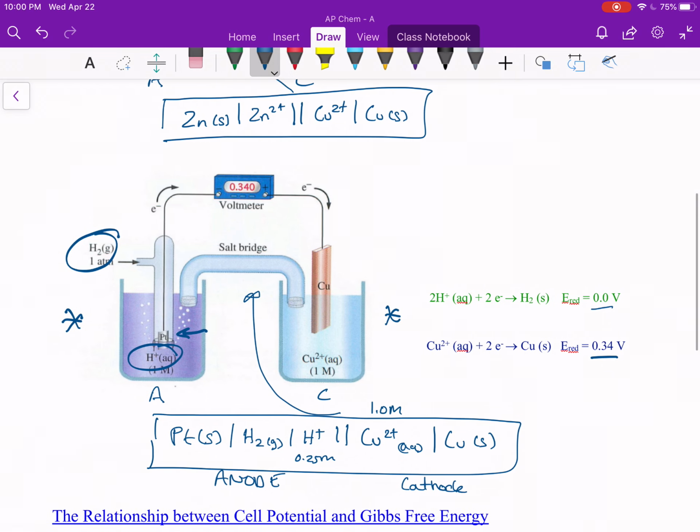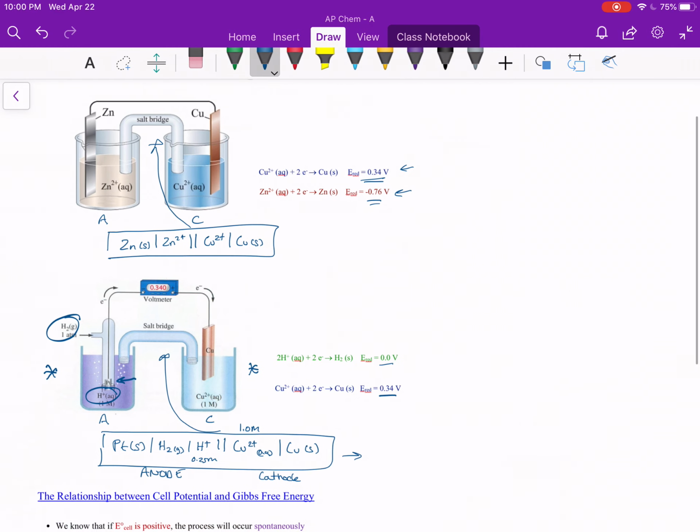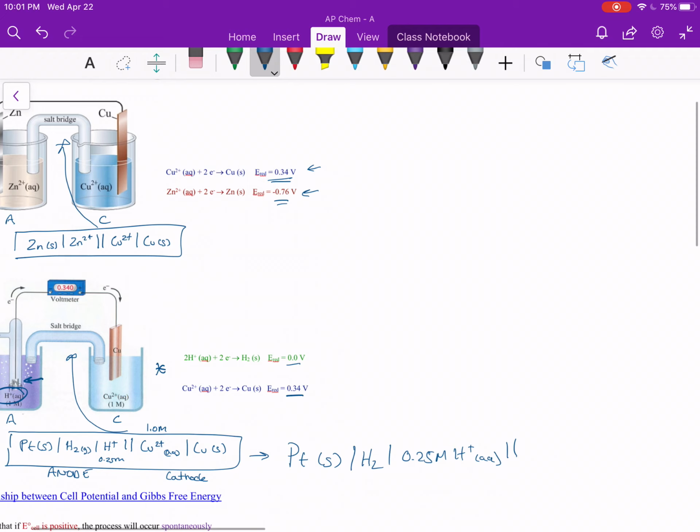That would look a little bit different: Pt as a solid, line, H2, line, 0.25 molar H+ aqueous, double line, and then 1.0 molar Cu2+ aqueous, line, Cu. Now, if you don't see concentrations, it's implied that it's going to be 1 molar.